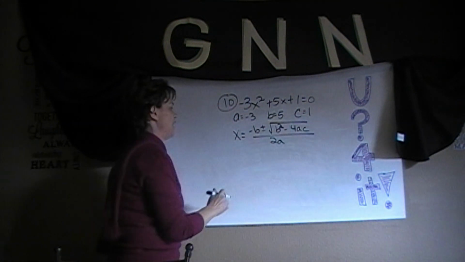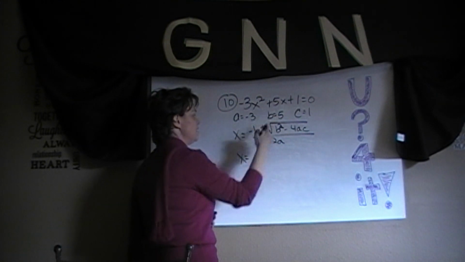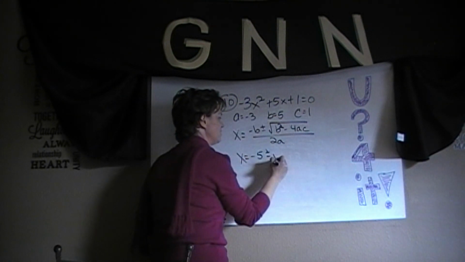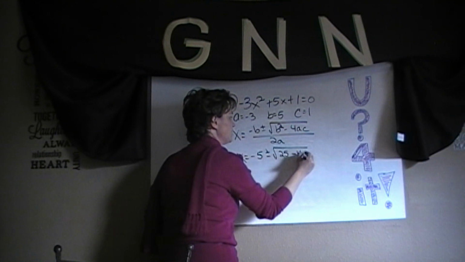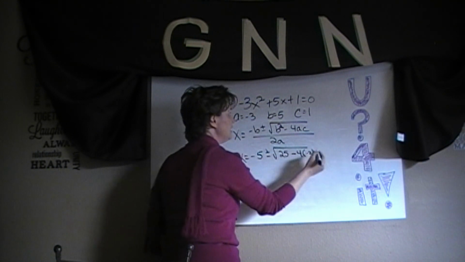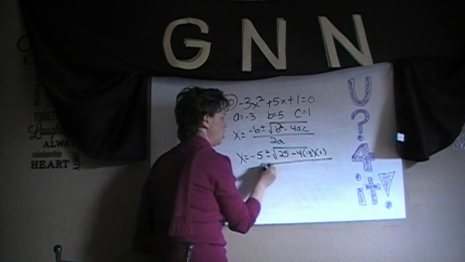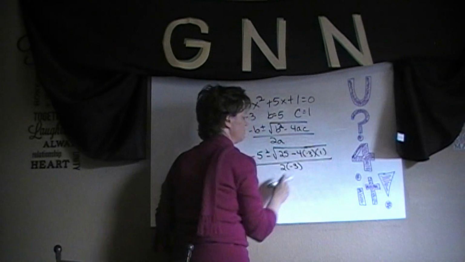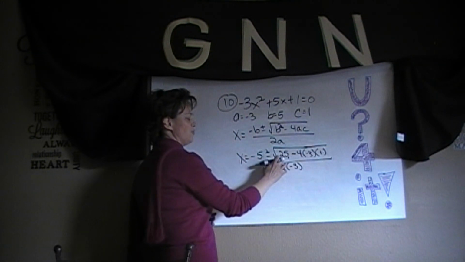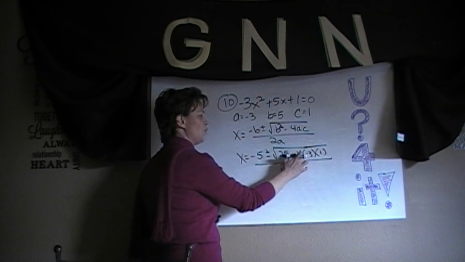And now I'm going to plug in the values. So, x equals negative 5 plus or minus the square root of 5 squared, that's 25, minus 4 times the a value of negative 3 times the c value of 1, all over 2 times the a value of negative 3, not negative 6.